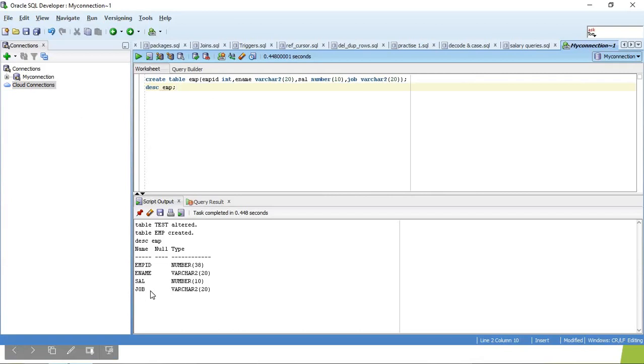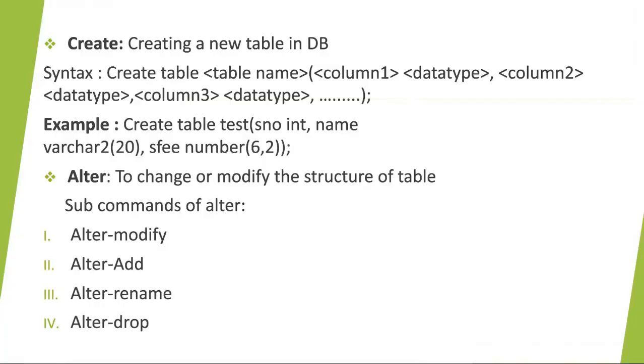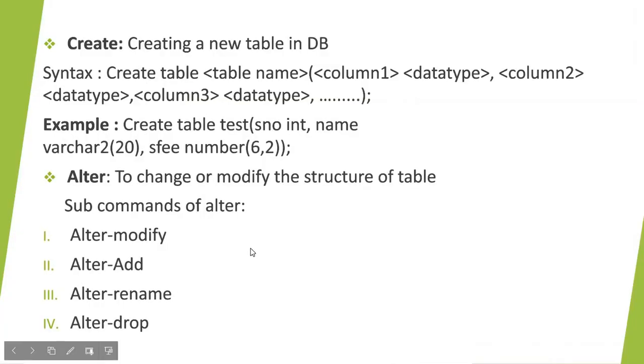I want to change the data type size, which for salary I gave as 10. I want to change that size to 20. So I will change that data type size with alter table. Let me show how the syntax will be.